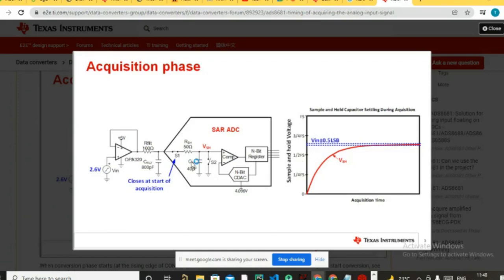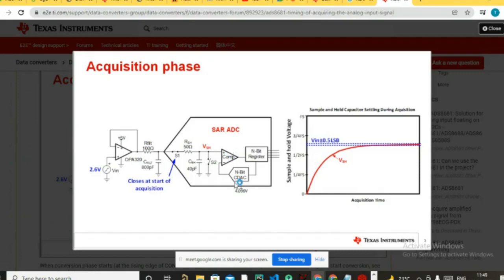You need to give a particular acquisition time so that this sampling and hold capacitor gets charged to the particular voltage. Once it is charged, this S1 will open, and then this value of VSH will go into the comparator positive terminal.